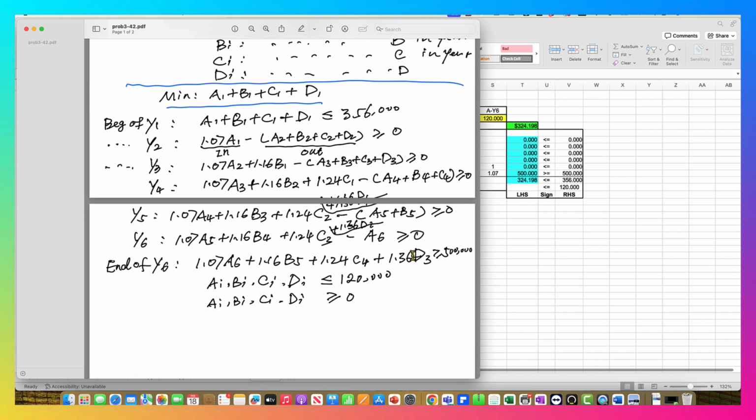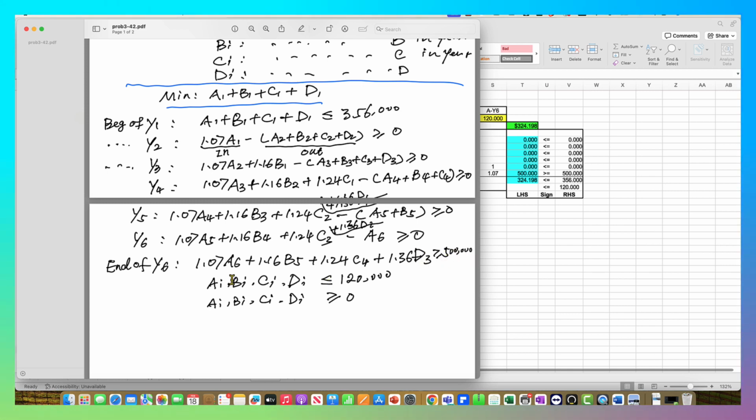She has a goal of growing money to a minimum of $500,000. So there's a year-end-of-6 constraint. The money matured is 1.07A6 plus 1.16B5 plus 1.24C4 plus 1.36D3. Has to be greater than or equal to 500,000.